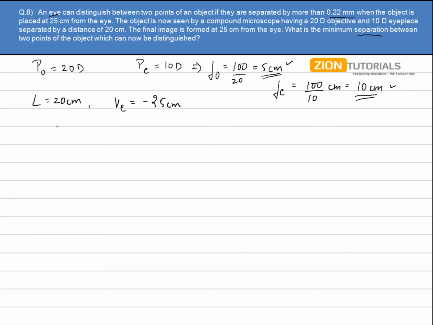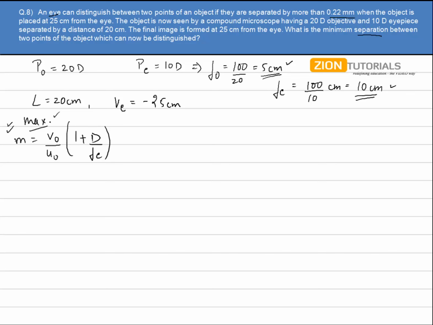And what will give the magnification? Highest magnification is given by VO upon UO into 1 plus D upon FE. Now we know this formula, and this is for maximum magnification. For calculating the minimum separation between the 2 points which can be distinguished, we have to calculate the maximum value of the magnification, which is this.